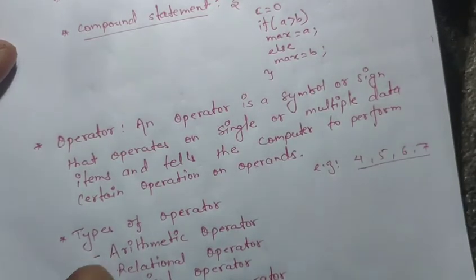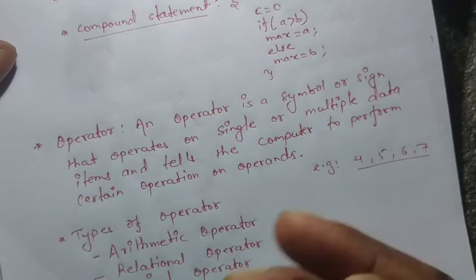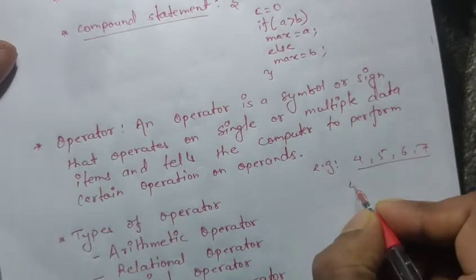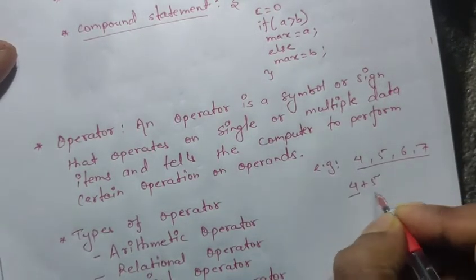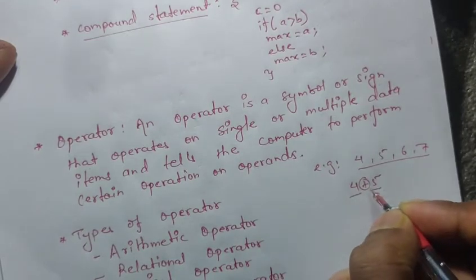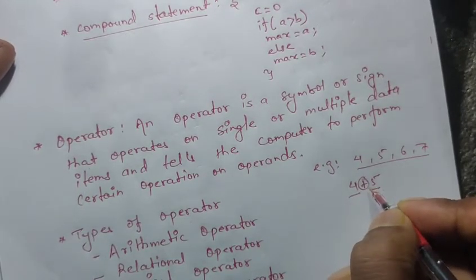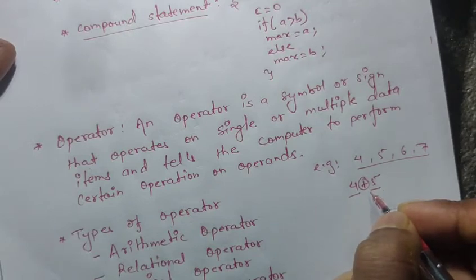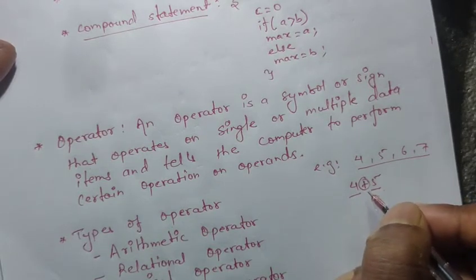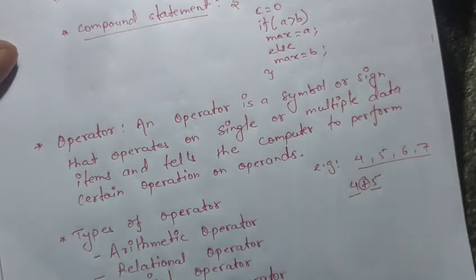These are the operands on which we are going to perform some actions, like 4 plus 5. These two are the operands, and in the middle is the operator. It may be addition, subtraction, a relational operator, a logical operator, etc. This operator is used to perform some actions on the operands.